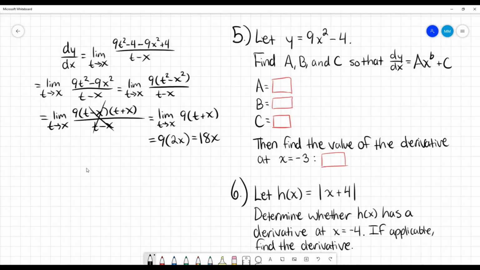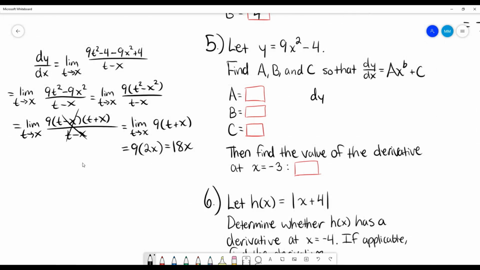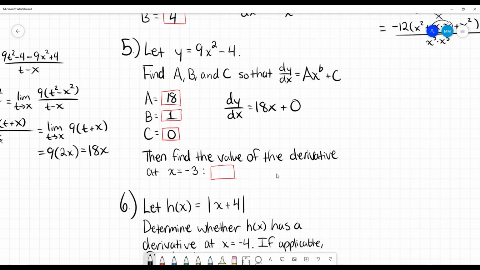Oh, whoops. So dy dx in this case equals 18x, and we notice there's a plus c. In that case, our c is 0. So c is 0. We get 18 is our a, and this is going to be an x to the first power. And that's all that is.